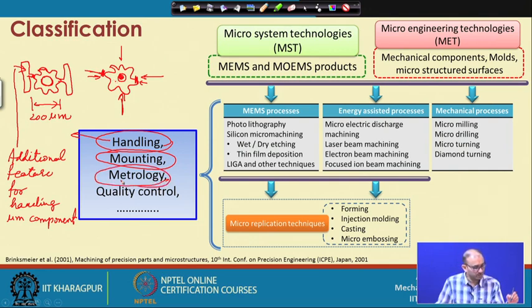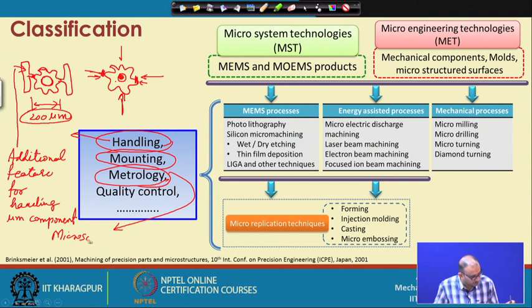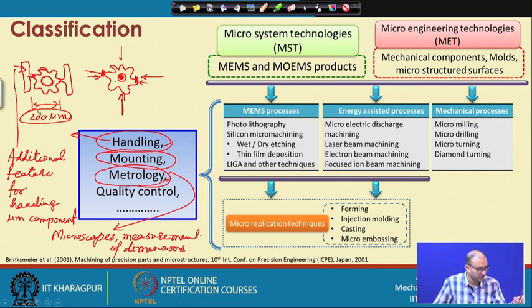Then metrology is one of the most important parts here, because we know that a 200 micron gear is difficult to see by naked eye. So, we need a microscope at each and every location. When you are making this component, you need a microscope. So, what does metrology consist of? There are microscopes, then measurement unit, measurement of dimension, because we know that we want to create a gear of 200 micron.